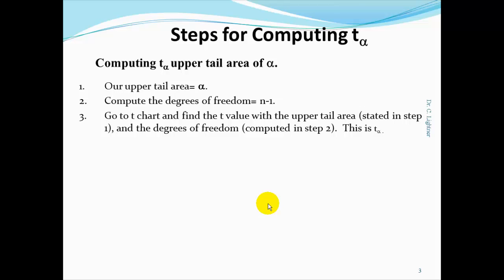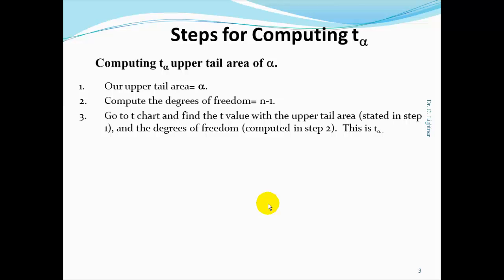Here we have steps for computing t alpha. In step 1, we state our upper tail area as alpha. In step 2, we compute our degrees of freedom as n minus 1. And in step 3, we go to our t-chart and find the t-value with the upper tail area stated in step 1 and the degrees of freedom computed in step 2.